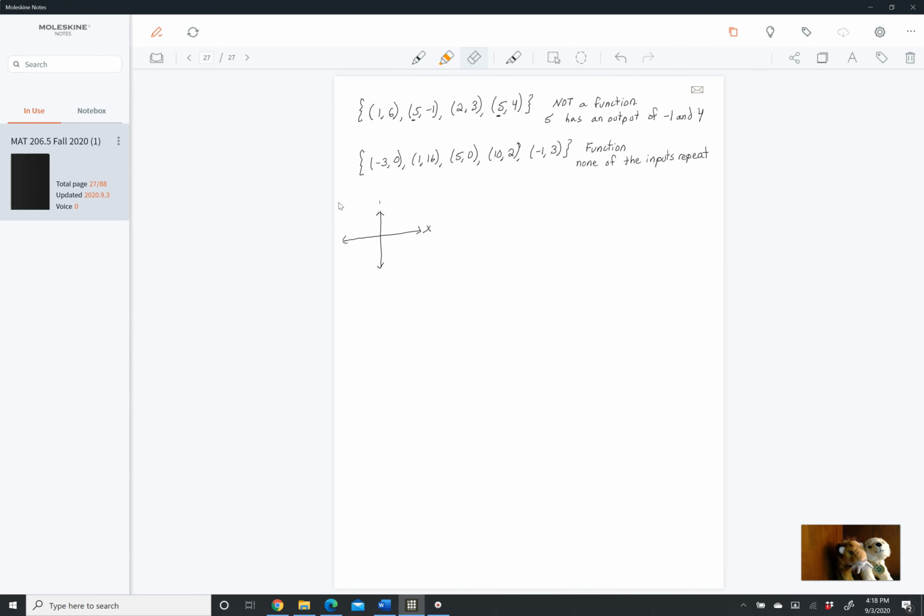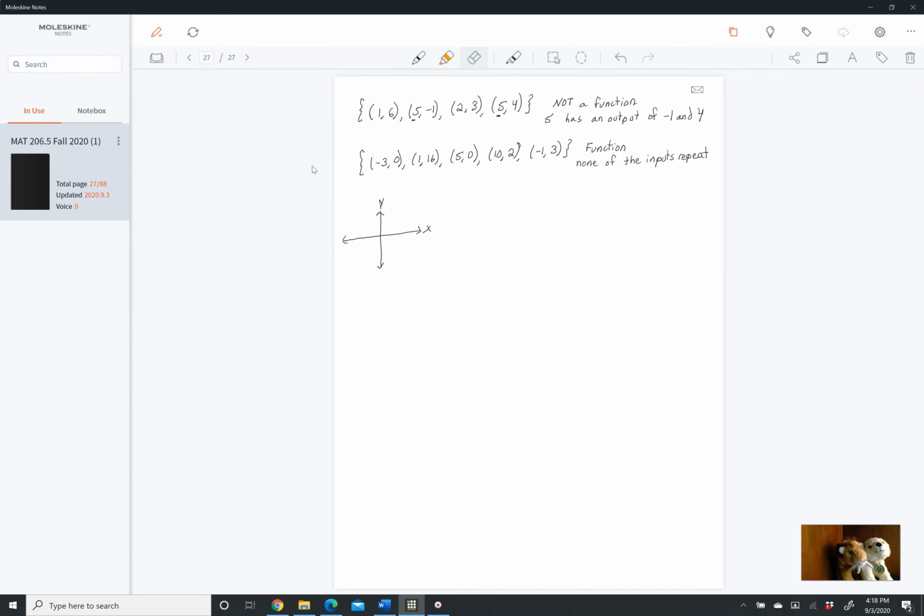And our y's are our vertical axis. Okay. So when we do the pairs, it's like taking each of these coordinates and graphing them, okay? But we're not going to graph individual coordinates. We're going to actually create a set of coordinates.